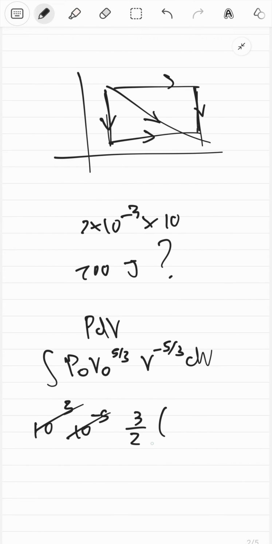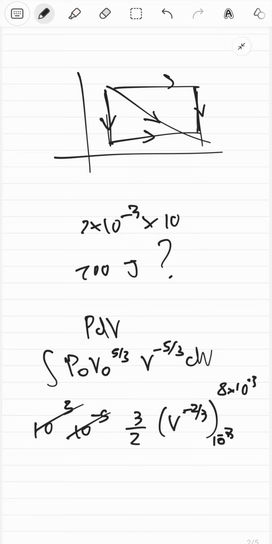Okay, so you got 3 by 2, and then this thing is, why am I so slow right now? Right, it's just V power minus 5 by 3 that equals 2 by 3, and that's just V power minus 2 by 3 going from the initial value, 10 power negative 3, and then this is 8 times 10 power negative 3.